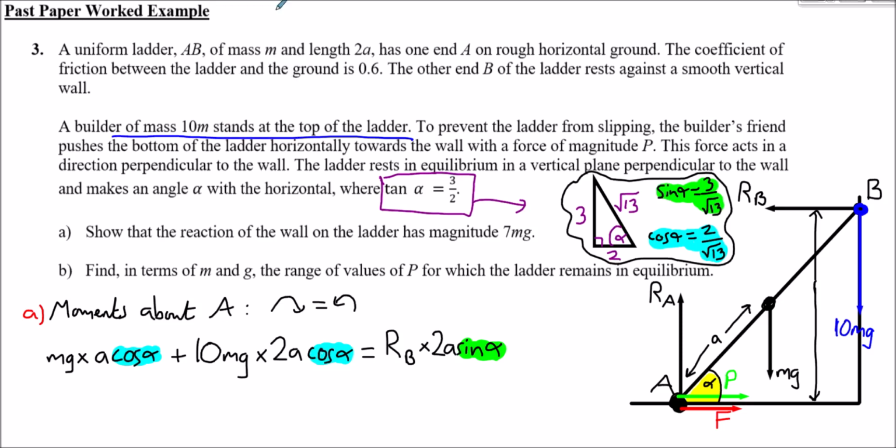So if we do that next, here we're going to have mg times A times cos alpha, so that's going to be 2AMG over root 13.